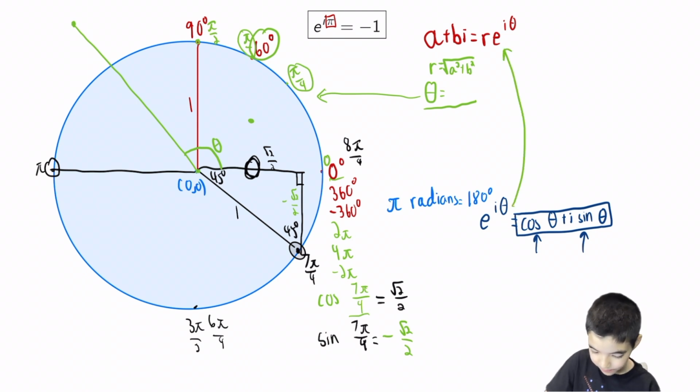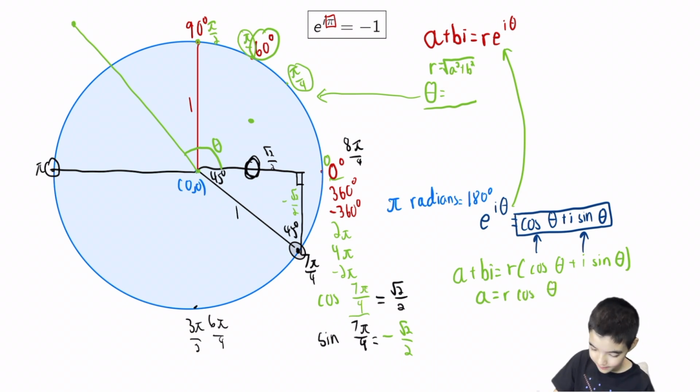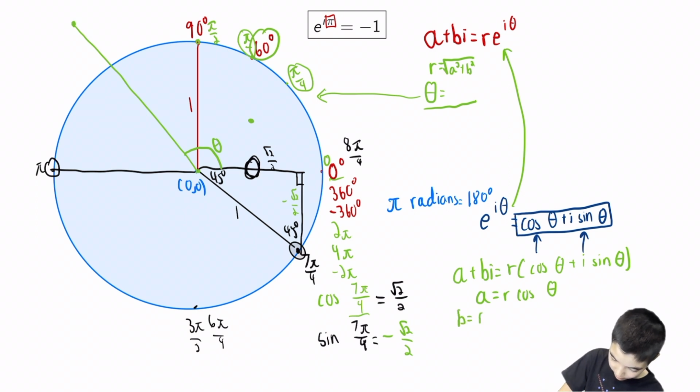Okay, so now that you know that, let's try to see how we can apply this. If we plug that in, we'll get a plus bi is equal to r times cosine of theta plus i sine of theta. Expanding this and matching coefficients gives a is equal to r cosine theta and b is equal to r sine theta.